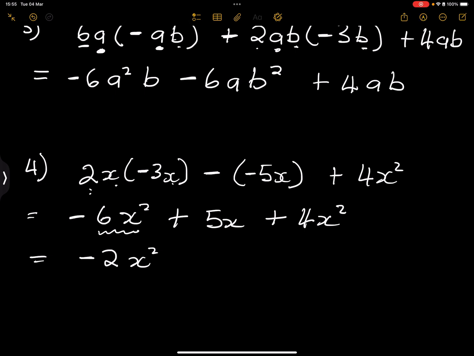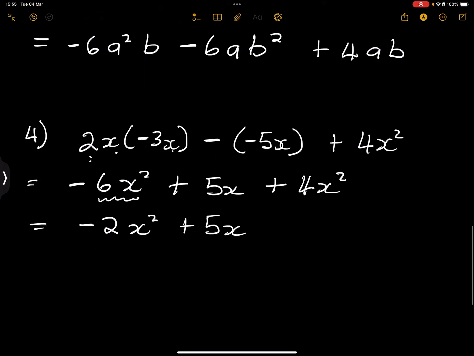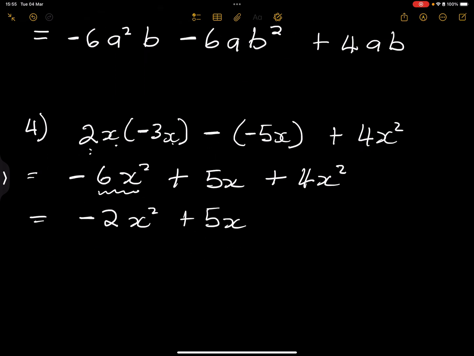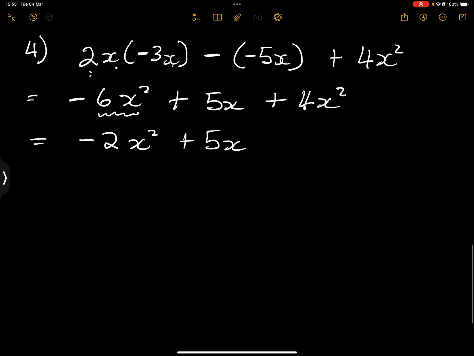All right, now this is plus 5x. We cannot solve this any further, or we cannot add in this case, so we are going to leave it in that format. Okay, and one last one that we are going to do together.